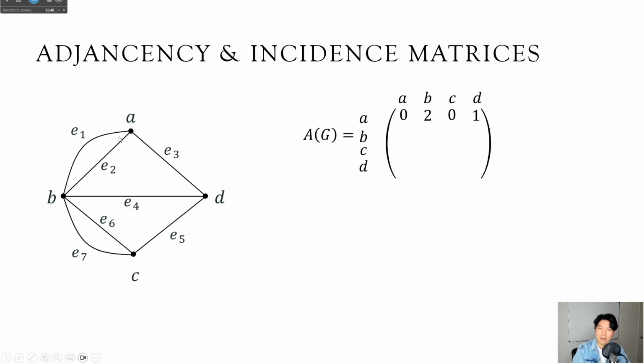A and B, again, we did this earlier. A and B have 2 edges connecting them, so I'm going to put a 2 there. B and B, there's no edge that goes from B and then ends at B, so I'm going to put a 0 there. For B and C, we have 2 edges connecting them, so I'm going to put a 2 here. And for B and D, there's 1 edge connecting them.